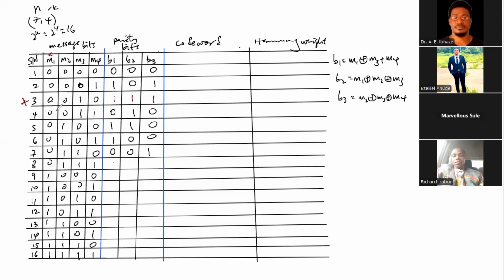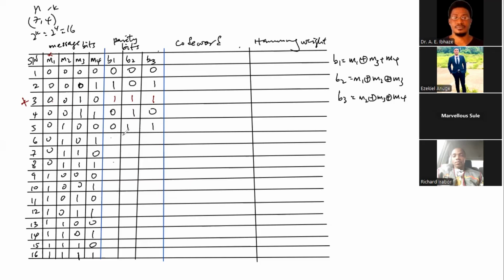I think this is 0, 1, 0. Then I think there's something wrong here. So for this, the fifth position, that'll be 0, 1, 1.